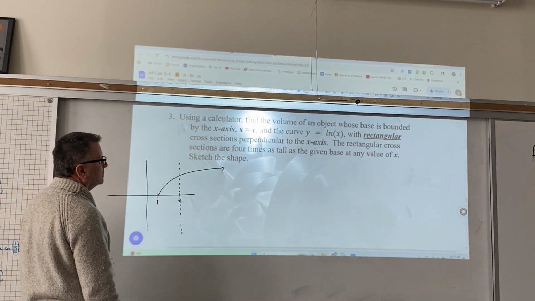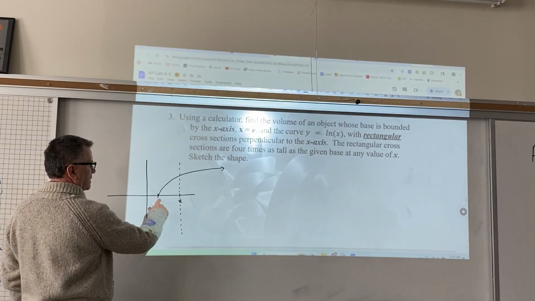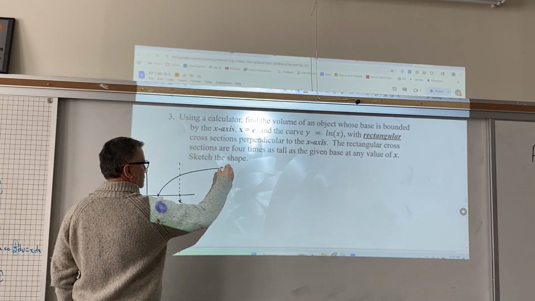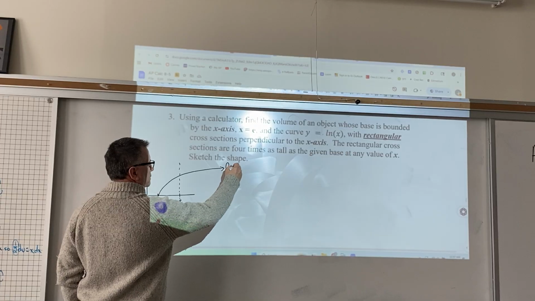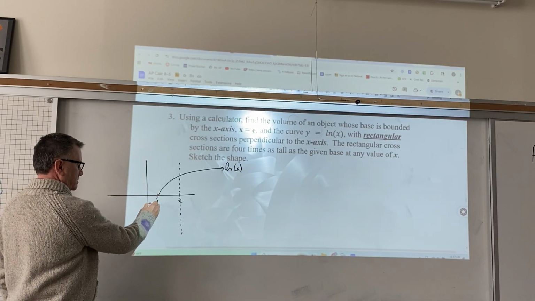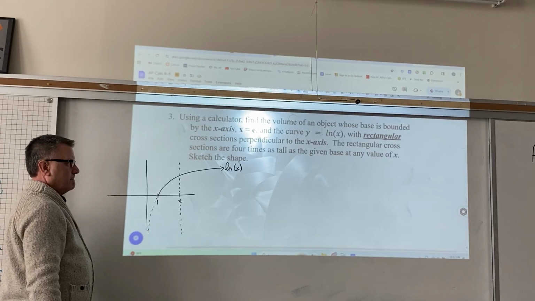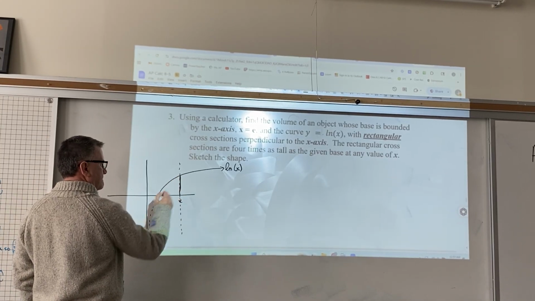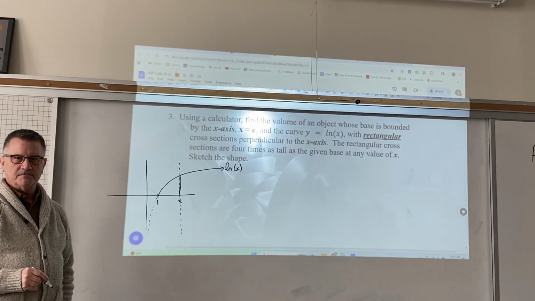And so the base is bounded by the x-axis, x equals E, and that natural log of x. And then it continues down here. There it is.